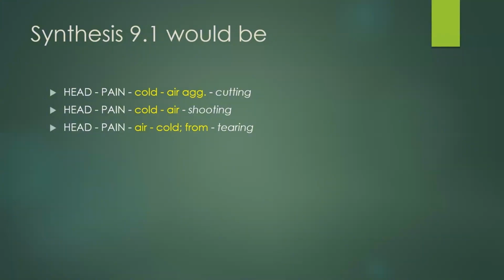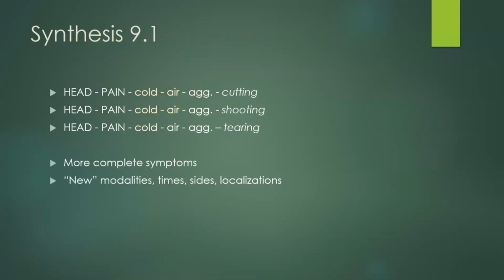So when we said, we want to change the structure of the repertory to make this information more easily available, we don't need to just put the description of pain at the end. We need to restructure all those levels, because otherwise Synthesis 9.1 would be totally confused, you see? And so we changed cold air aggravate in all the places.